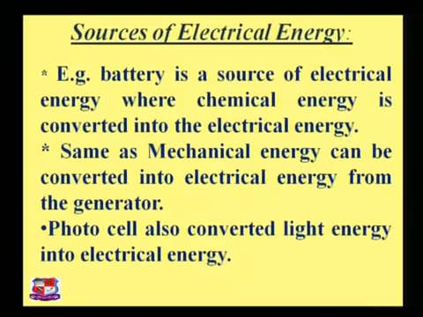Another example is the generator, which directly converts mechanical energy into electrical energy. Another is the windmill, which gives us electrical energy from wind energy. Then we also know the photocells, which directly give us electrical energy from light energy. So these are some of the sources or devices of electrical energy.